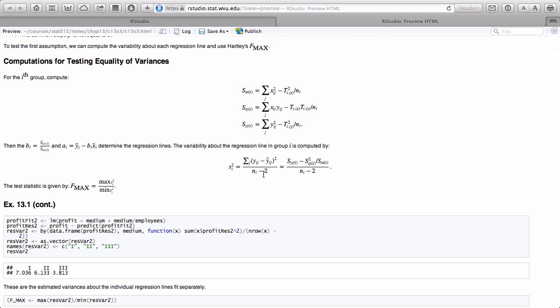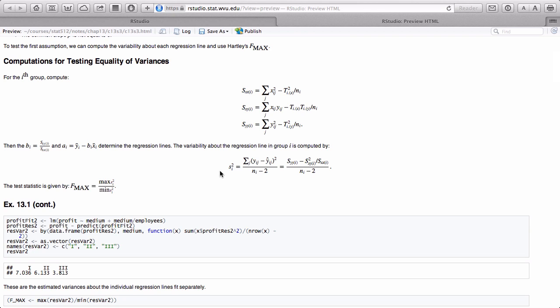We square those and add them up, and we divide by n sub i minus 2 for the ith group. The reason it's n sub i minus 2 instead of n sub i minus 1 is that, in a regression, we're estimating the intercept and the slope, so we're estimating two parameters. We lose 2 degrees of freedom.